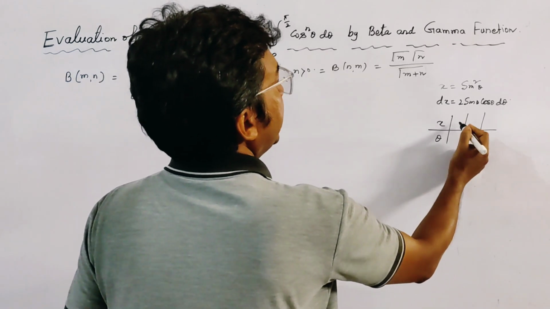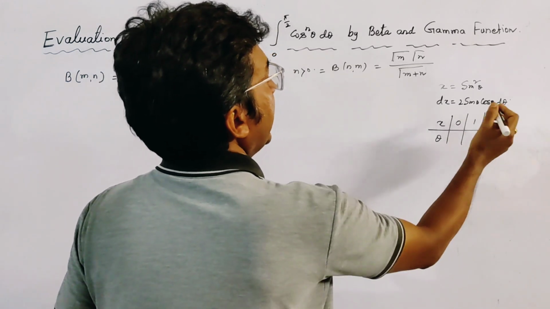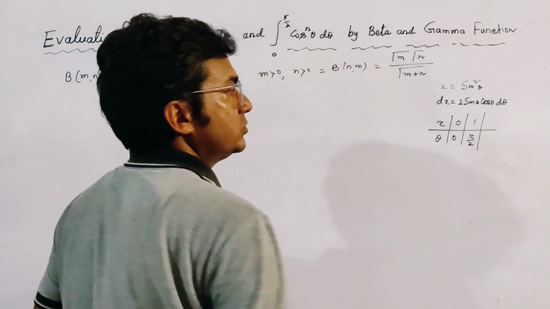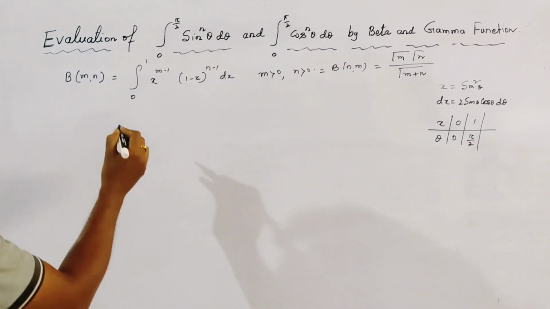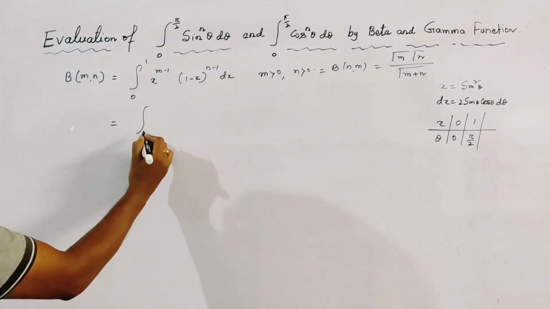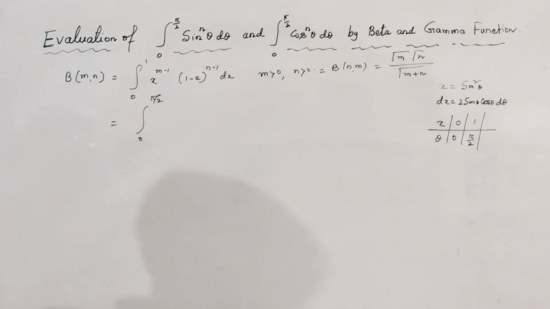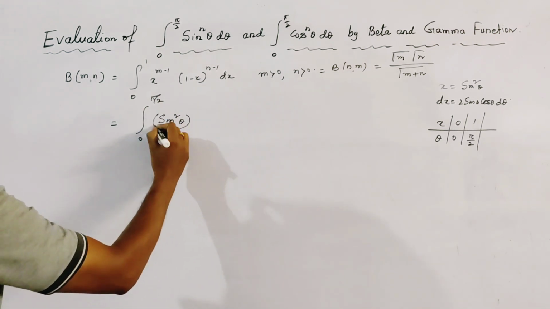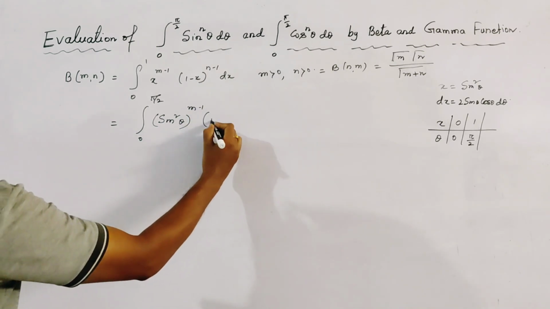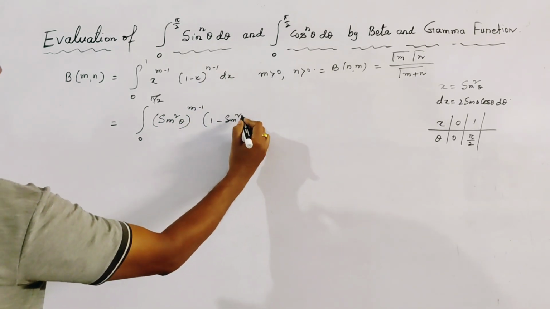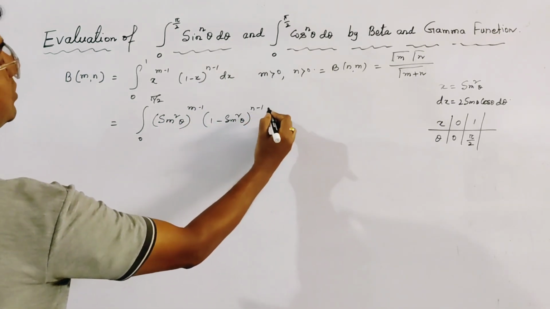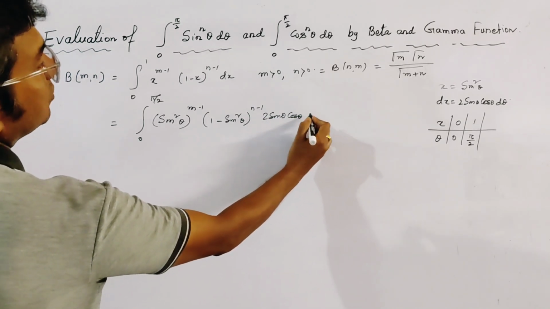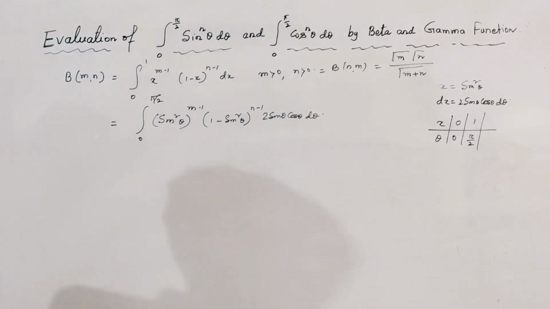Here the range of x is 0 to 1, so the range of θ is 0 to π/2. Now the integral becomes the integral from 0 to π/2 of (sin² θ)^(m-1) (1 - sin² θ)^(n-1) times 2 sin θ cos θ dθ.